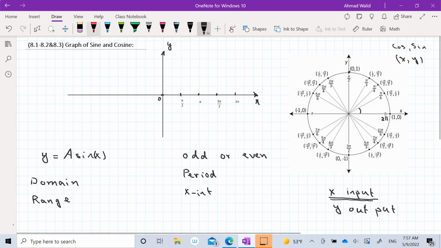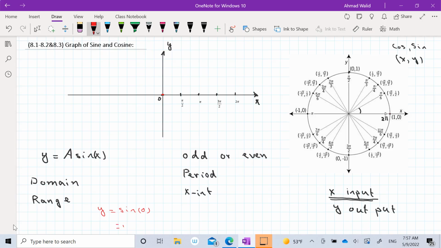Now, let's start with graphing. Look into your unit circle and bring those numbers to the system. For 0, when you are looking for the sine of 0, it means when you have a function y equals sine of 0. What is the sine of 0? You see, this is your 0 angle, and the sine of 0 is always what?